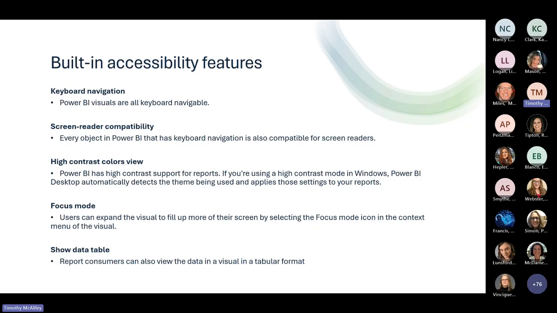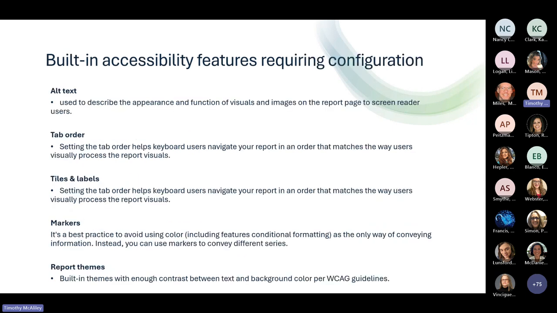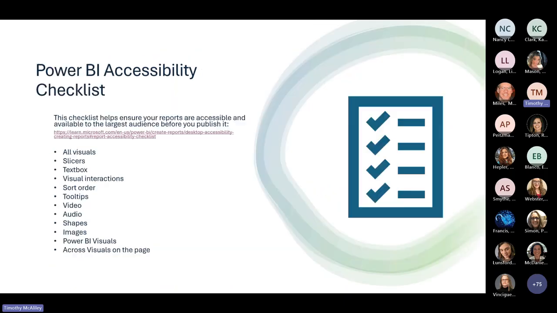And then there are built-in accessibility features like keyboard navigation, screen reader compatibility, being able to design for high contrast colors view, focus mode, and show data as a table. I know that kind of repeats those two slides. Alt text, tab order, titles and labels, and then markers and report themes.